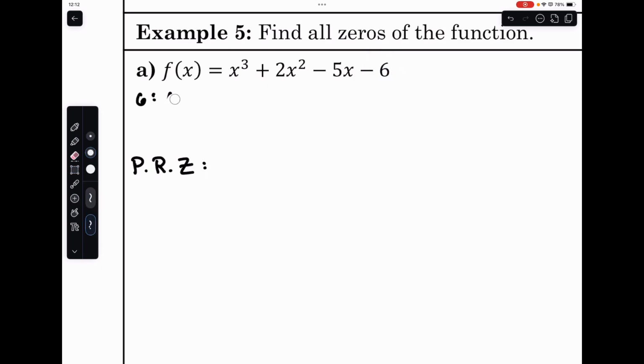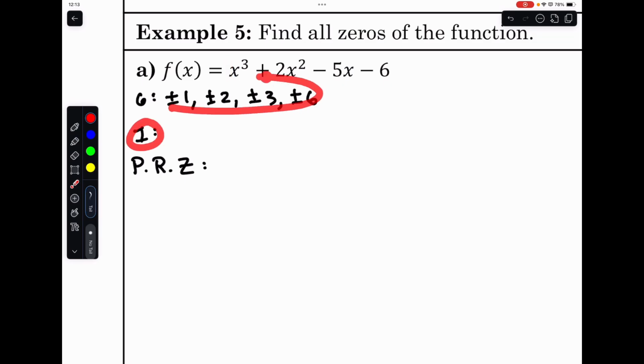So positive and negative 1, 2, 3, and 6, and dividing them by the leading coefficient, which is going to be 1. Since there's only one possible factor of 1, dividing all of those numbers by 1 is going to give me this same list again. So let me just copy and paste that right there.